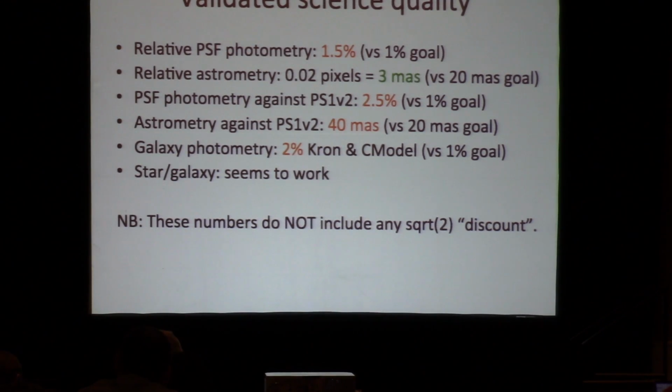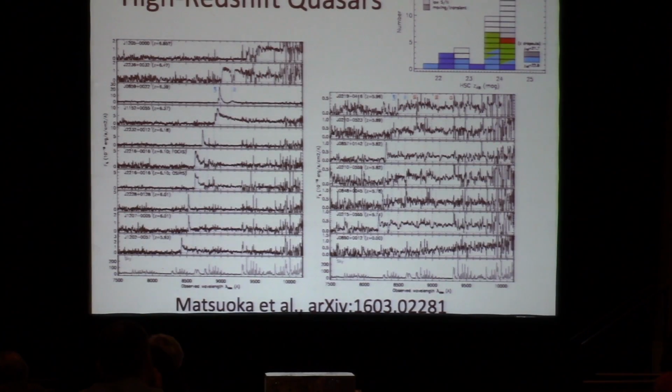If you take off the square root 2 discount, that is just shy of our 1% goal, and that's the same for most. And we are differencing against Pan-STARRS1, which we're using for calibration. Probably some of that is also coming from Pan-STARRS as well. So we're reasonably happy with what's coming out of the pipeline, and it certainly has been good enough to be able to do some science.